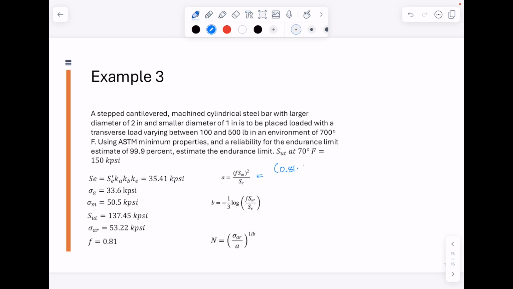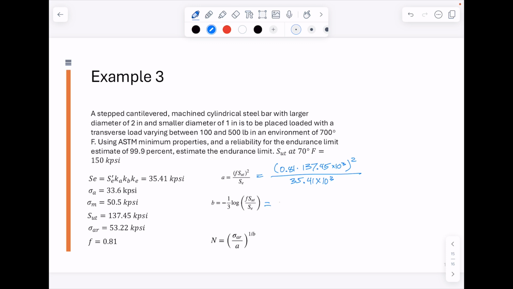If we have f equal to 0.81, then A we have here can be equal to 0.81 times our ultimate strength, which was 137.45 kpsi, and that will be squared all over the endurance strength, which is 35.41 kpsi. And here I'm just going to include our 10 to the third to get to a base unit, just to make sure our math works out correctly.